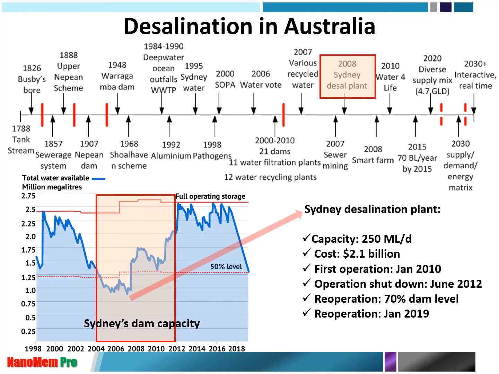So if you see this Sydney desalination plant, this is the water capacity of the full operation storage. This is the dam in the Sydney area, and the level of the dam, you can see from 2000 it started to decrease, and this is the 50% level of the dam.